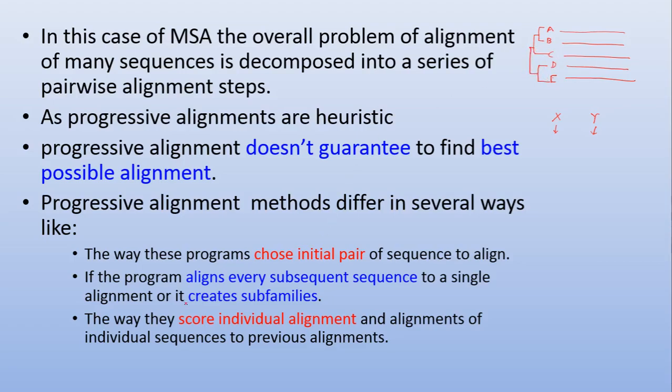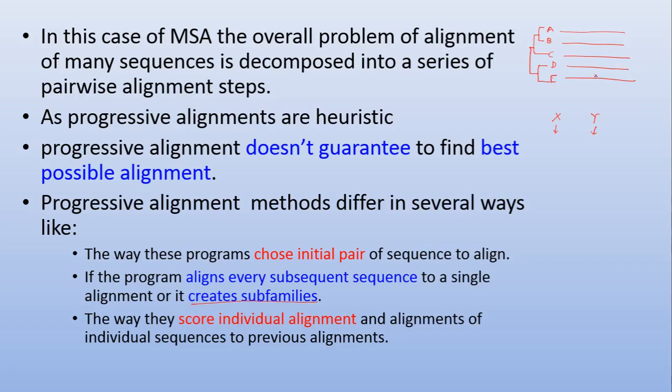So some programs can create subfamilies like this: D and E in one subfamily, A, B, C in another subfamily, and then the families can be aligned with each other. The other way around is, first we align A and B, then we add C to the previous alignment, then we progressively add D to the previous alignment, and then we add E to the previous alignment.